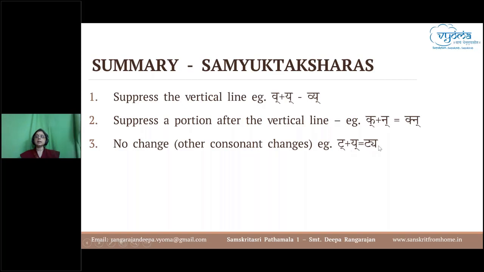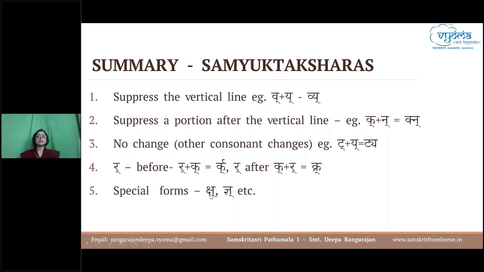T plus y, here. The other consonant only undergoes a change in shape. Then for repha, when it appears before, it becomes a curve above the horizontal line, and when it is the second in the consonant combination, it becomes a slanting line, or as I told you, it can also be two slanting lines as angular lines below the next consonant. And of course, there are special forms like sh, nya, shwa, shra, and ksha, as we saw.